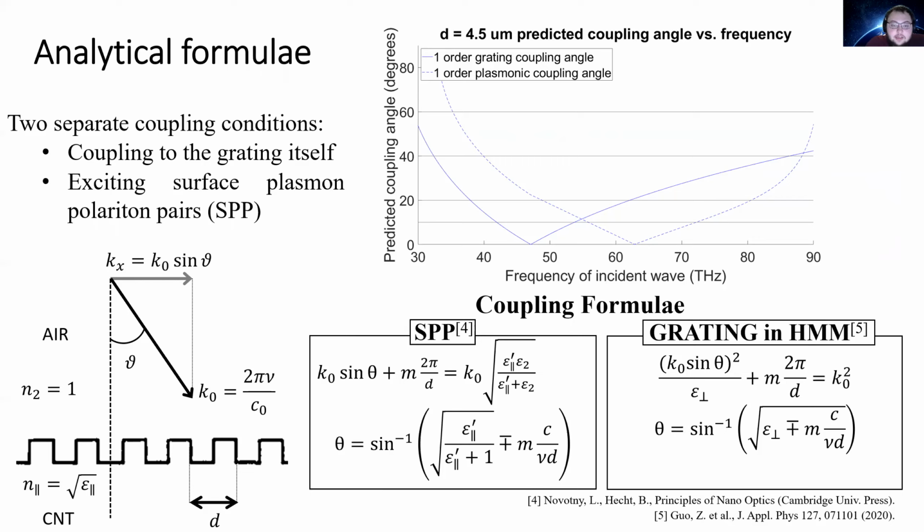And the second is the unique coupling described by the hyperbolic dispersion itself. We calculate both of these values for a given frequency, see what angle we need to put our incident light at through a diffraction grating in order to have these effects show up. And then we go in through COMSOL, run some code, and see numerically what we would expect the absorption spectrum of this material to be.